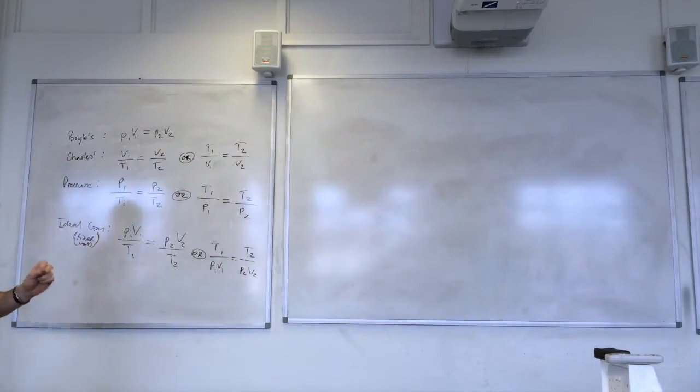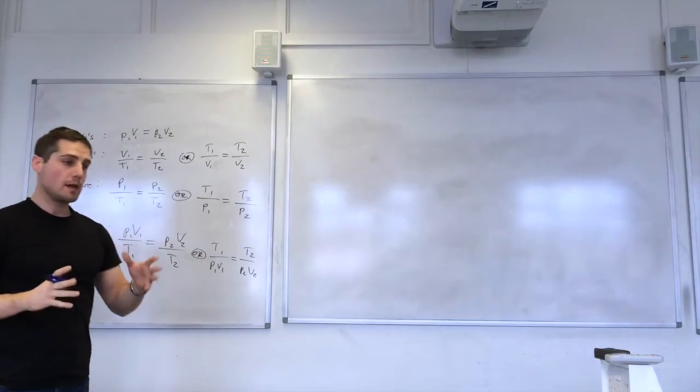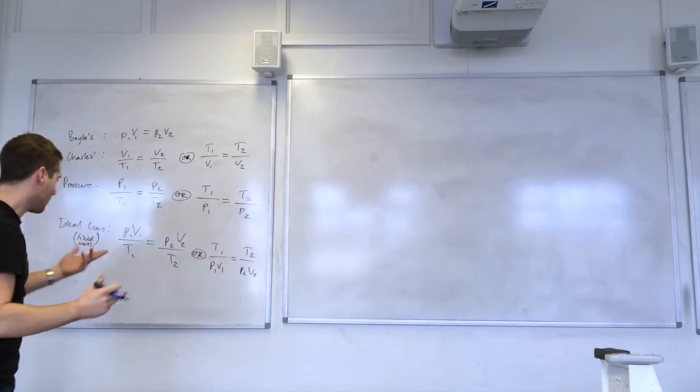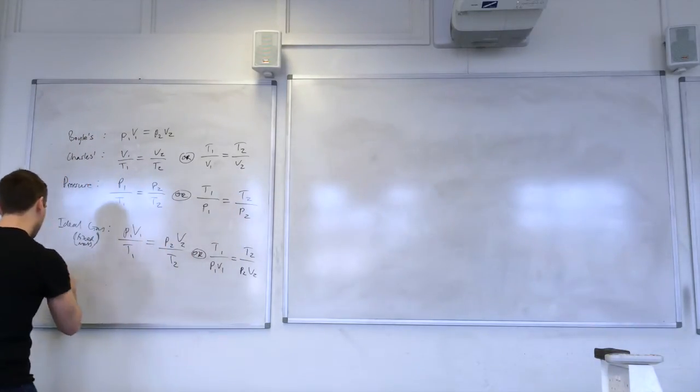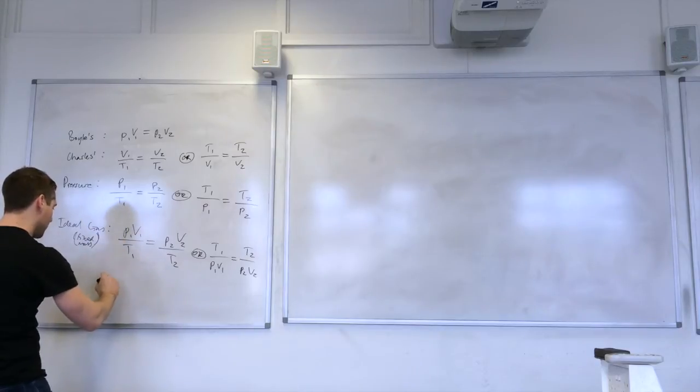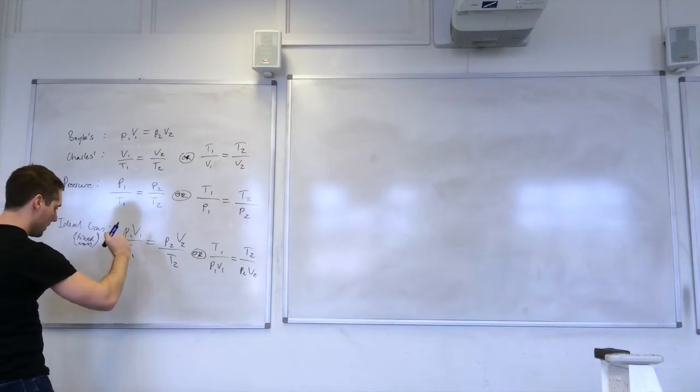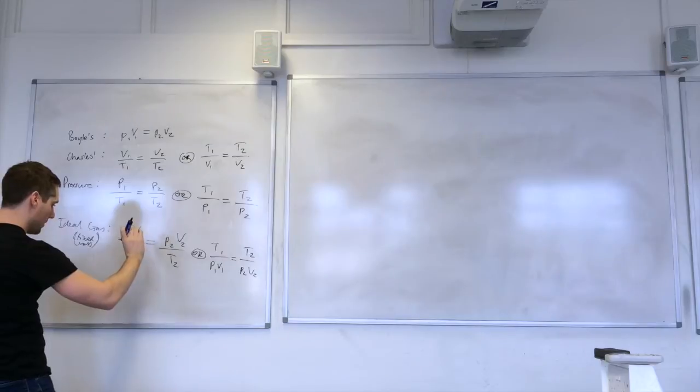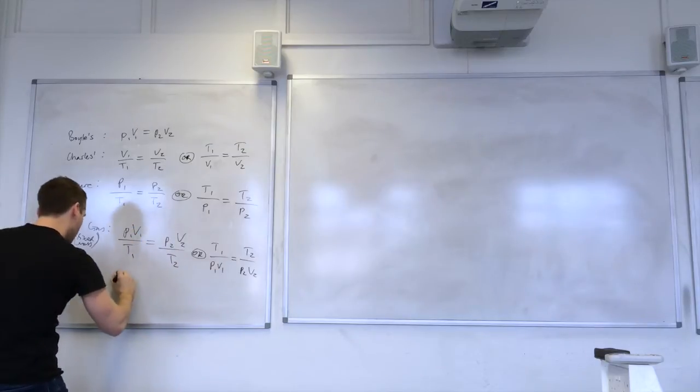If you don't have a fixed mass of gas, if the amount of gas changes, so the number of moles would change, then we can introduce that in here as well. So this is actually PV over NT.